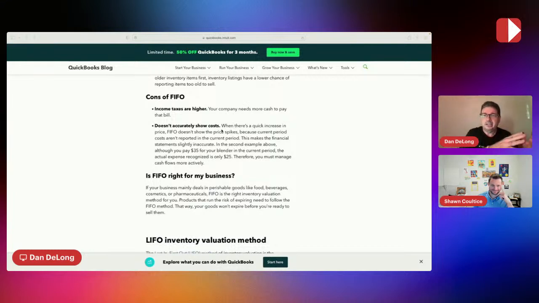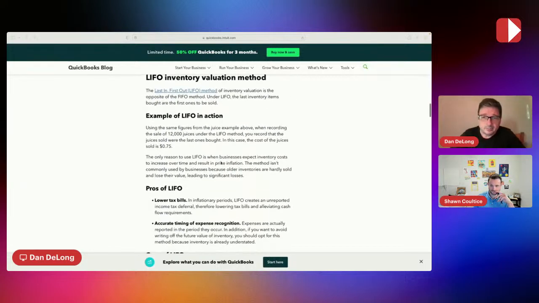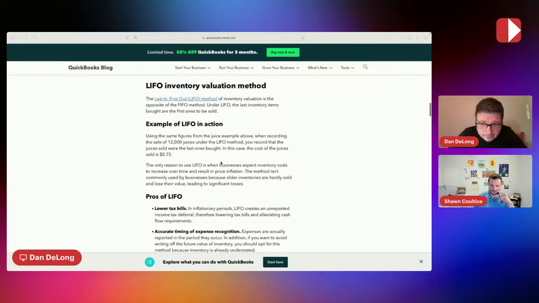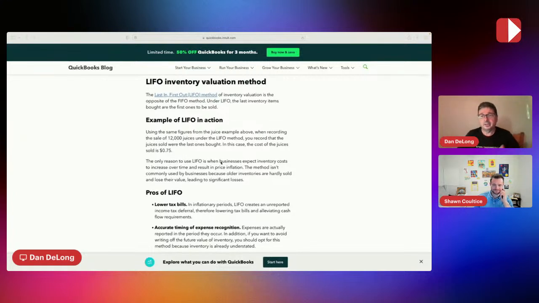And so it will take some time before the lower cost items actually are sold to show that accurate level of the inventory being sold. LIFO has the opposite problem. If those costs are going up, those higher cost items are going to be recognized as the cost of goods sold entry, as opposed to the FIFO.